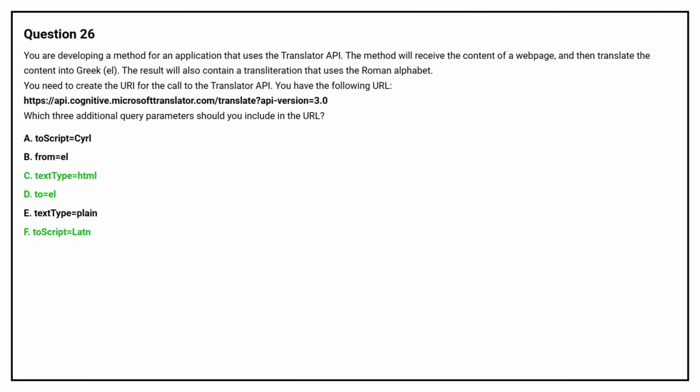The correct answers are option C, textType equals HTML; option D, to equals EL; and option F, toScript equals LATN.